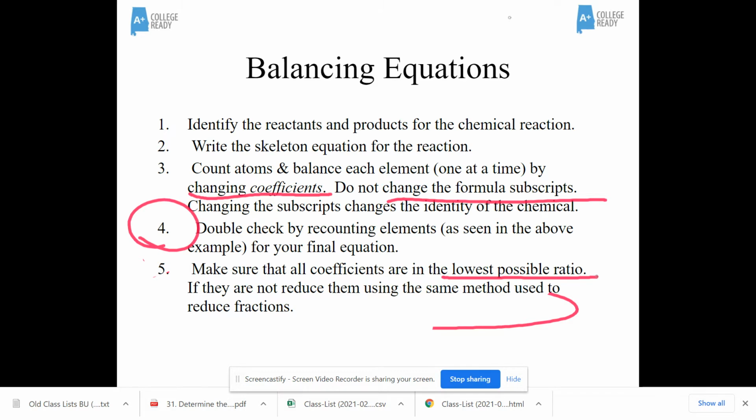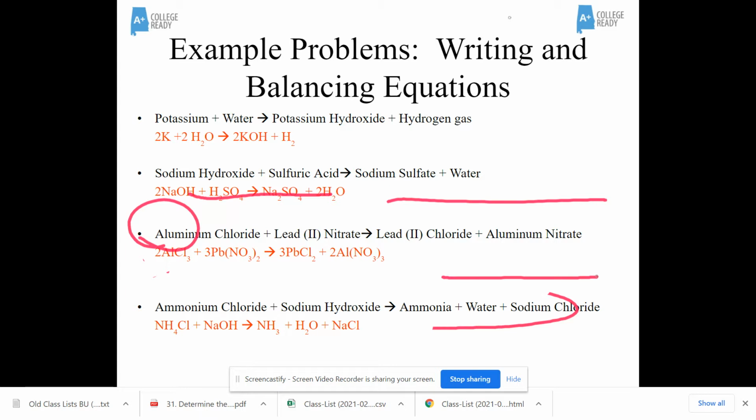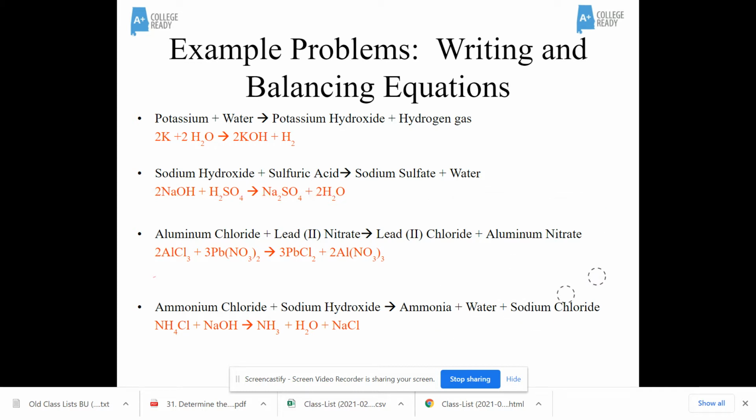All right, so let's start with some practice. Sometimes they will give you the formulas and you will balance it that way. Sometimes they give you words and you have to come up with the formulas and balance the equation, which is why we spent all that time learning how to write formulas.